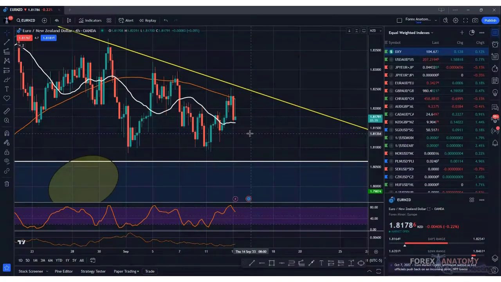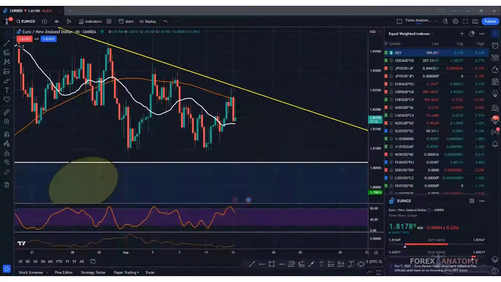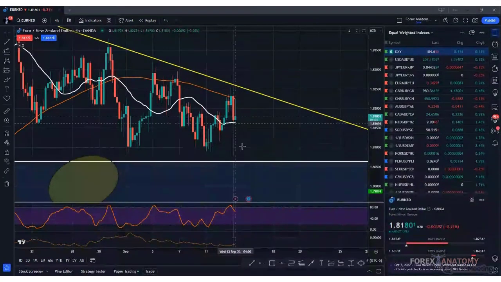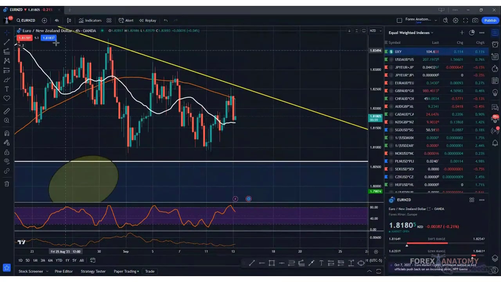I know we go over this stuff over and over again, but it's important. On a 4-hour correction, what type of pullback do we typically want to see? Well, of course, a 3-wave correction, right?